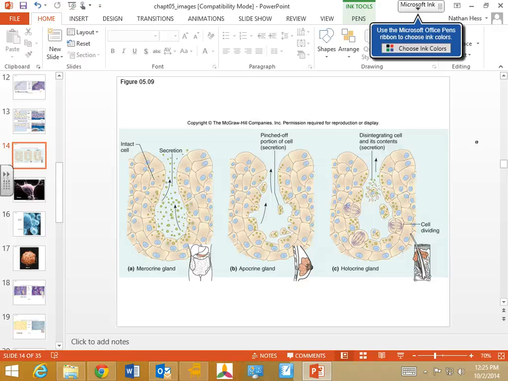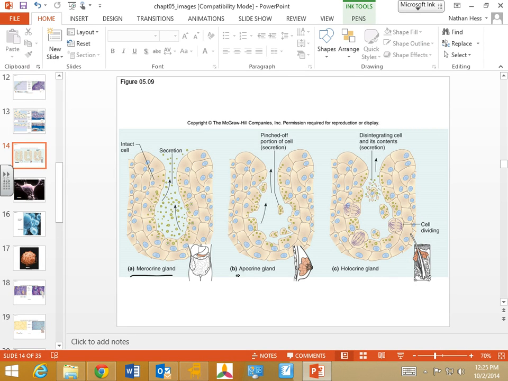What does a gland do? It gives off things, right? It produces something. It can be a hormone. It can be an oil. There's a million different kinds of things that our bodies produce. So there are three specific types, and here are the names: merocrine, apocrine, and holocrine. Okay? So let's look at them.